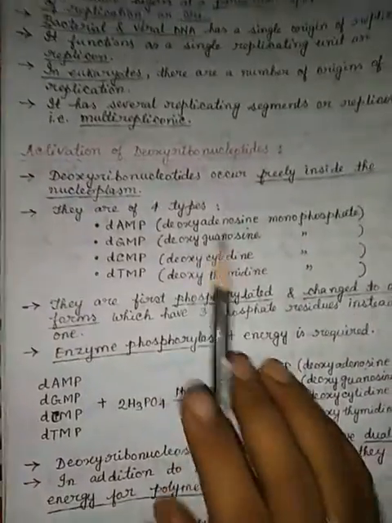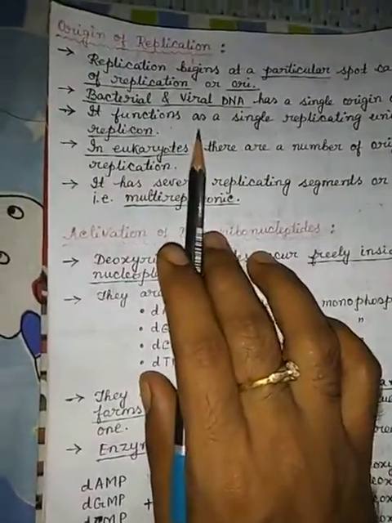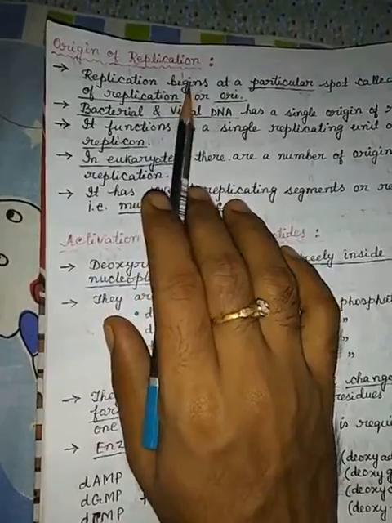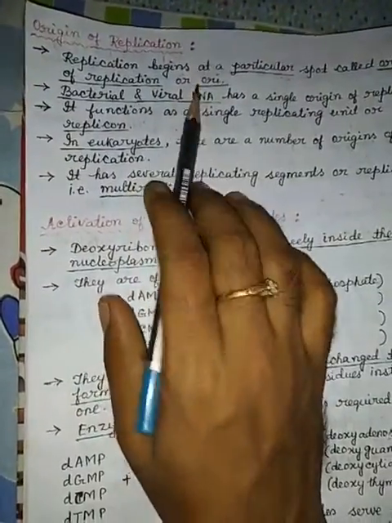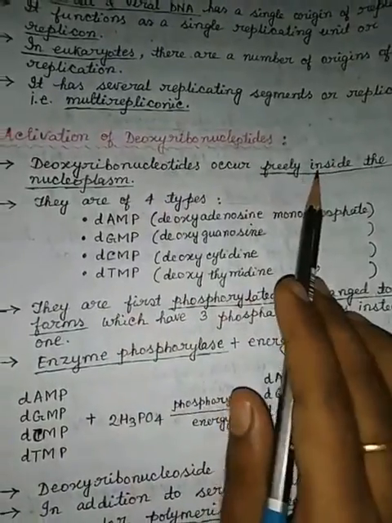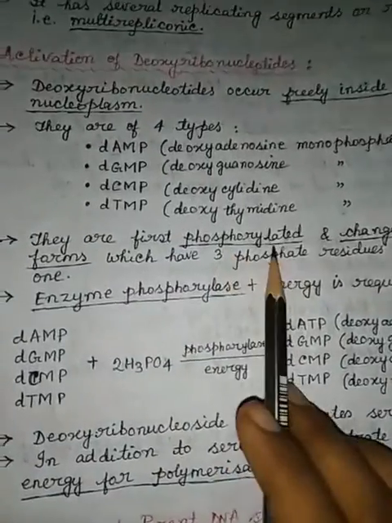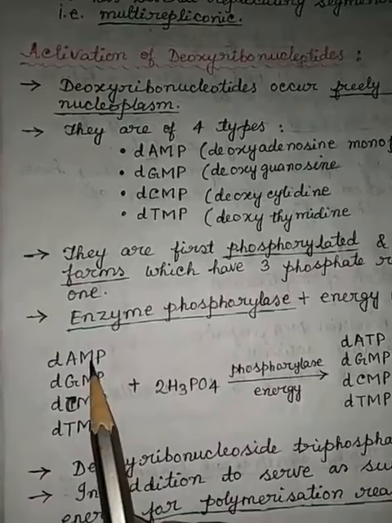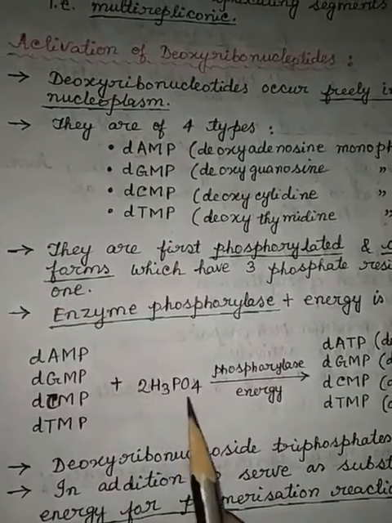Just keep in mind that at the same time, within the DNA the replication begins, and within the nucleoplasm, some deoxyribonucleotides that occur freely become phosphorylated. Phosphorylated means, in all of these nucleotides having monophosphate, that is one phosphate group, now in the presence of energy and phosphorylase enzyme, they combine with H3PO4 and become phosphorylated.